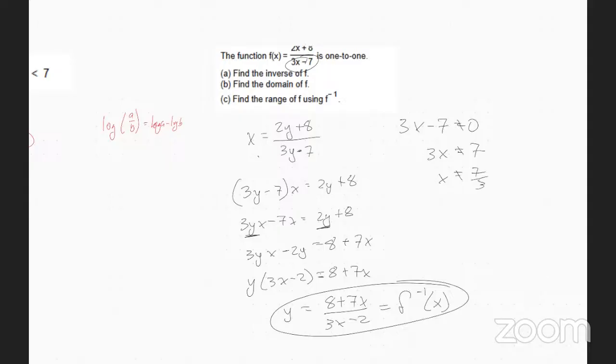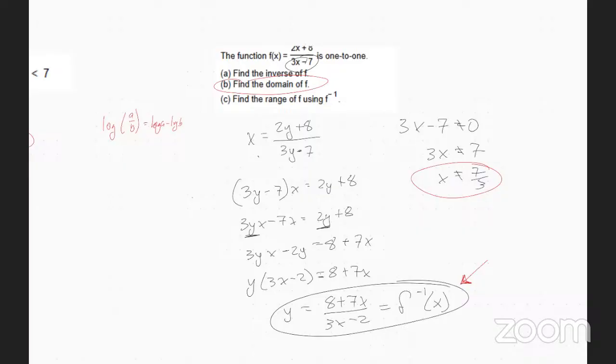And you can write that in interval notation. I'm sure you know how to do that. And the range would be the range of f using f inverse. They mean look at f inverse, and whatever the domain of f inverse is, that's the range of f.